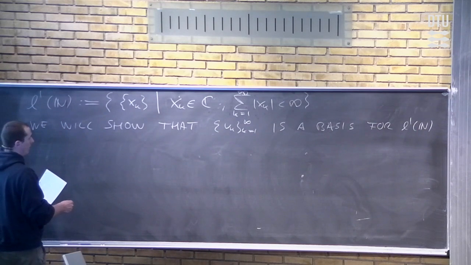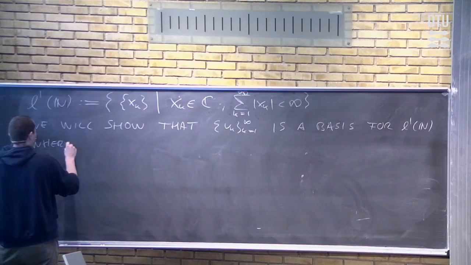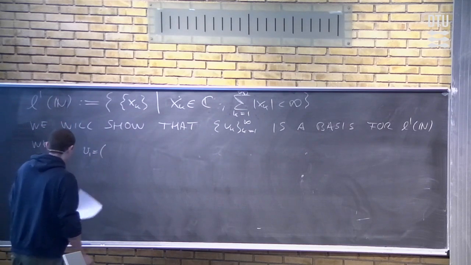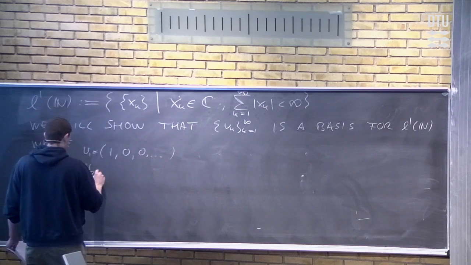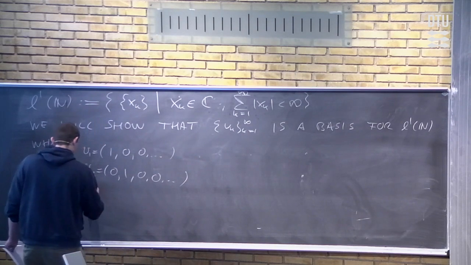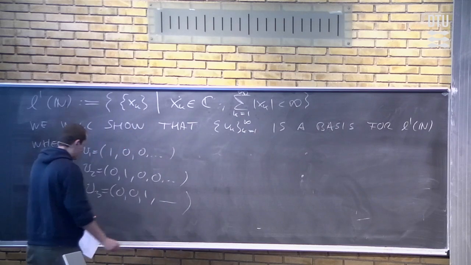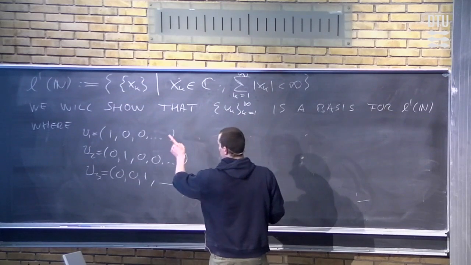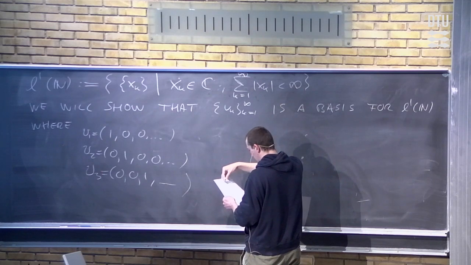Well, for L1, V1 is 1, 0, 0, and so on. V2 is 0, 1, 0, 0, and so on. And V3 is 0, 0, 1, and so on. I guess you can guess the other ones. And yeah, so we want to show that all these Vks, they look like this, are a basis.